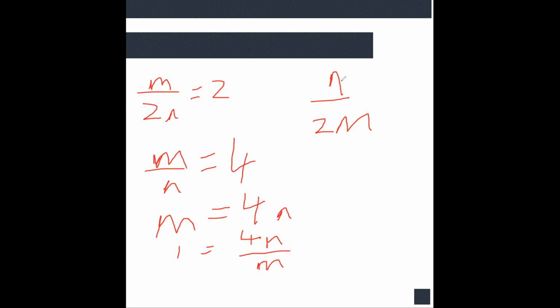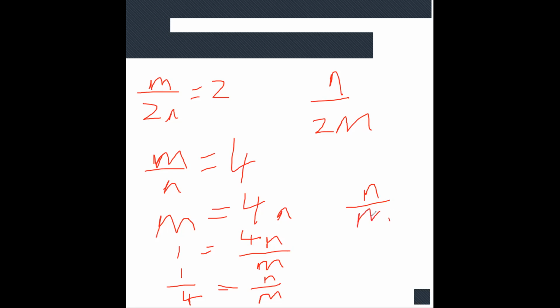n over m, but we want n over 2m, right? So we divide both sides by 4. 1 over 4 is equal to n over m, right? Now let's look at n divided by 2m and see what's going on here with n over m.